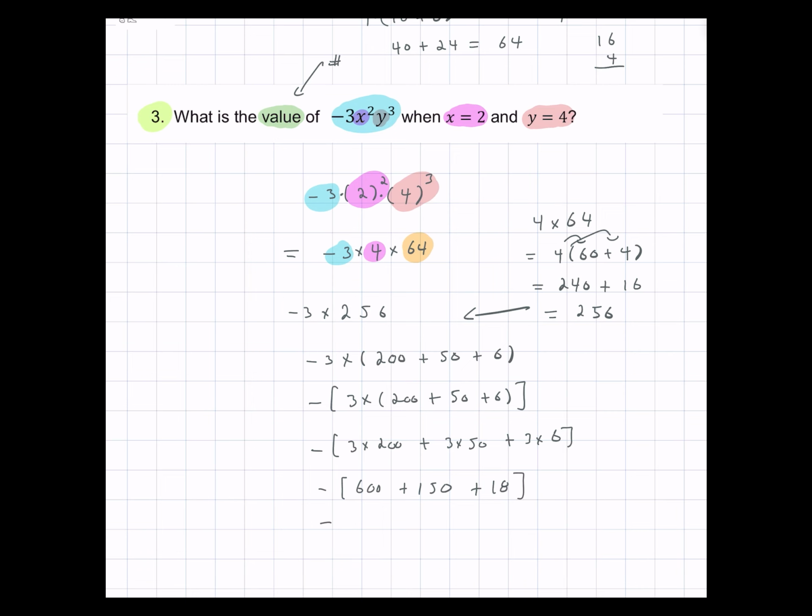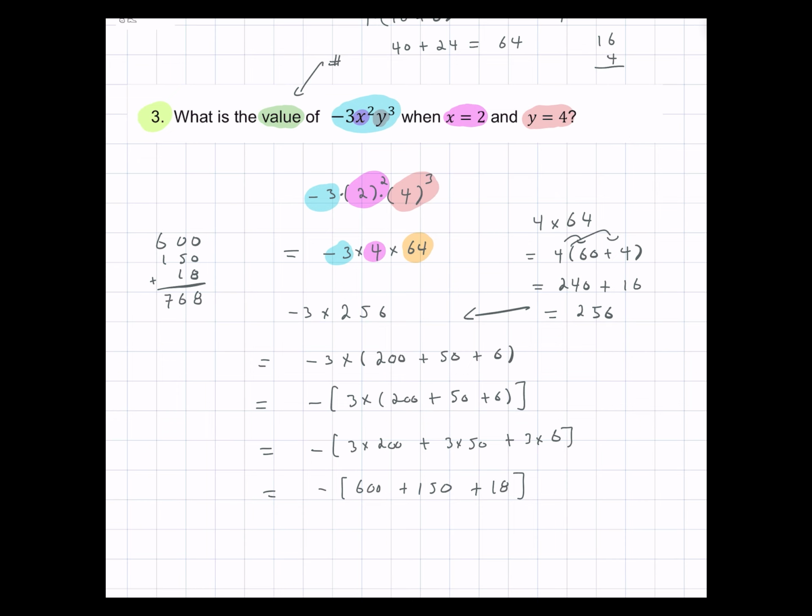So this becomes, should have been an equal sign here, this is equal to that. What's 600 plus 150 plus 18? I can add it like this: 0 plus 0 plus 8 in the ones column is 8, 0 plus 5 plus 1 is 6, 6 plus 1 is 7.